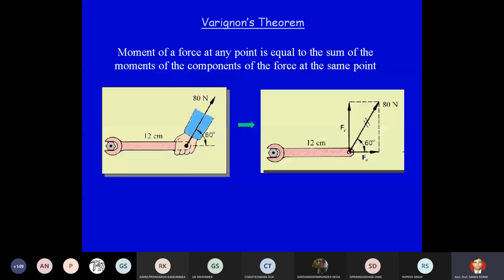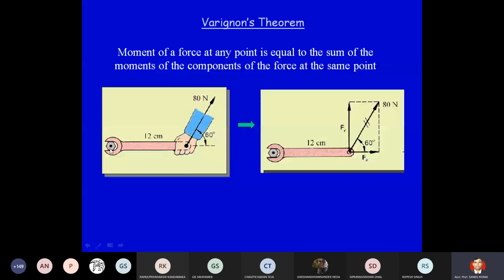Okay. Now how to find out the moment? We just did it a few minutes back. Because this is inclined, we have to go along the line of action, find the perpendicular distance from the point, and that force into that perpendicular distance will give you the moment.